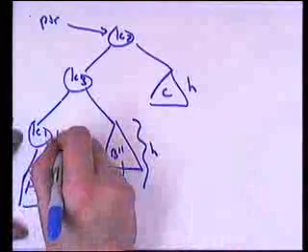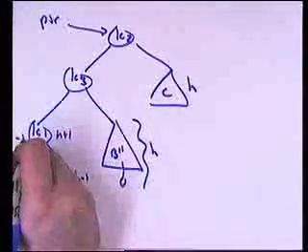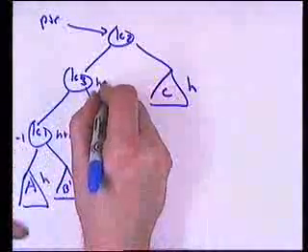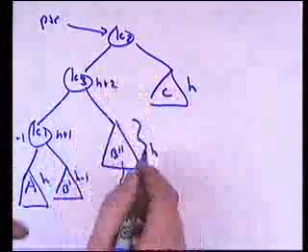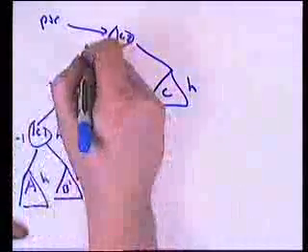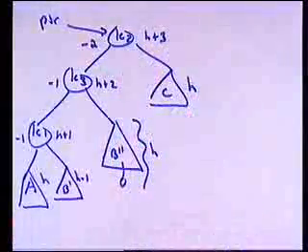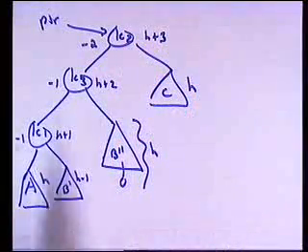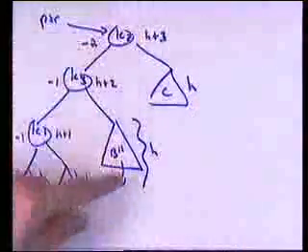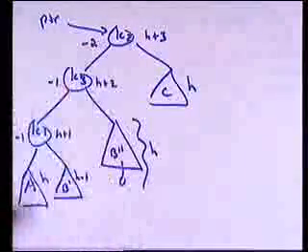Meaning here we have height h plus 1 with a balance of minus 1. Here we have height h plus 2 with a balance of minus 1, and then this still remains exactly what it was before. This part didn't change. This is the part that has changed.